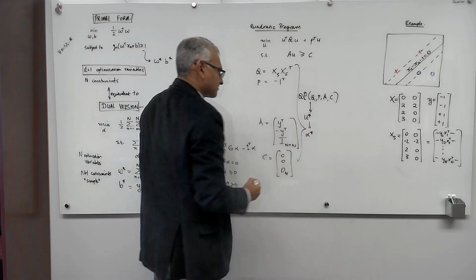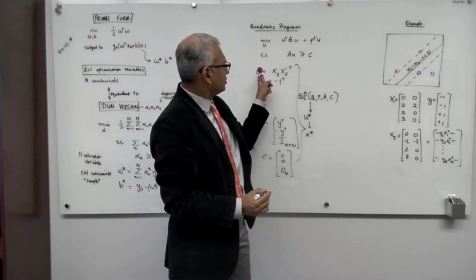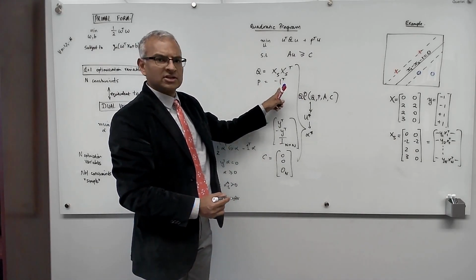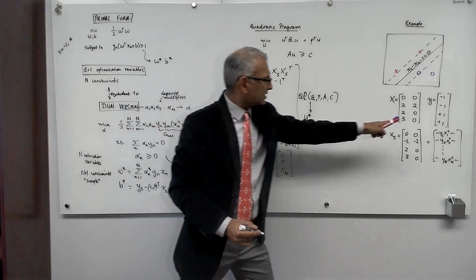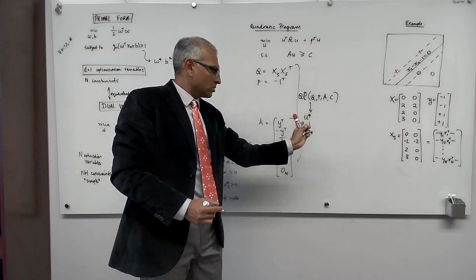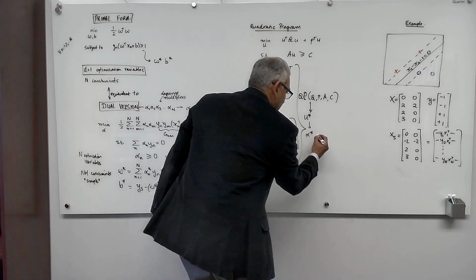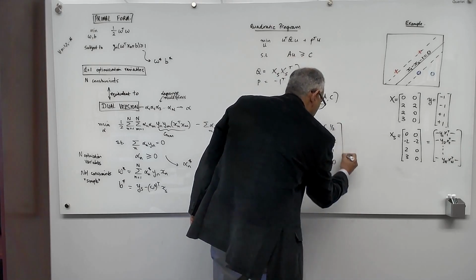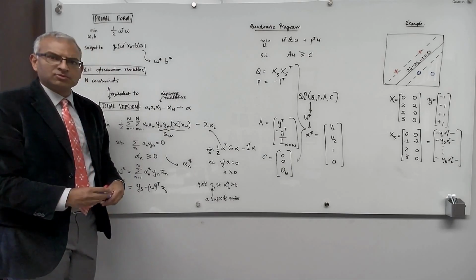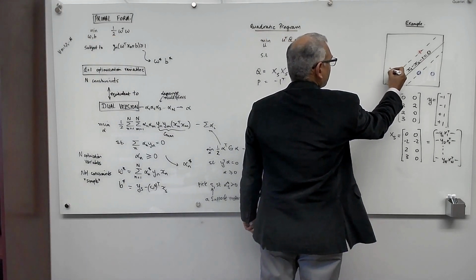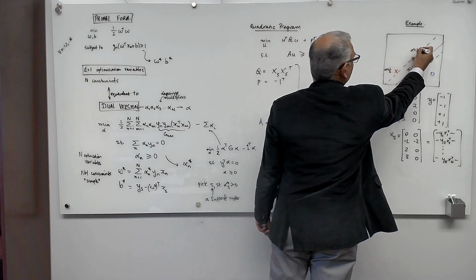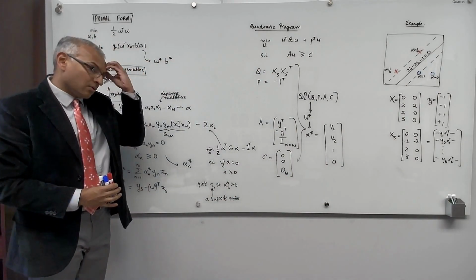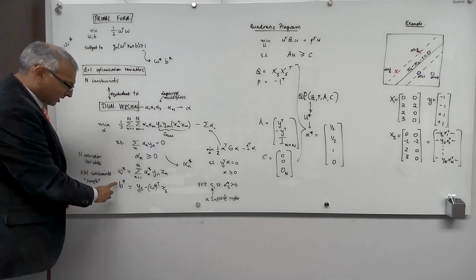If you plug in these matrices, Q is equal to this matrix times its transpose, P is the negative vector of all ones, A is y, minus y as rows, and then the identity, and C is all zeros, you end up with alpha equals 1/2, 1/2, 1, 0. So solving the dual problem using a quadratic program gives alpha equals 1/2, 1/2, 1, 0. And now we're ready to get our weights and our bias using this formula.